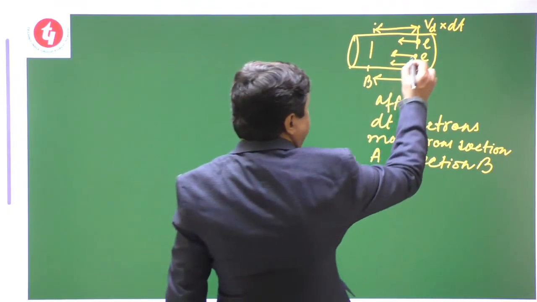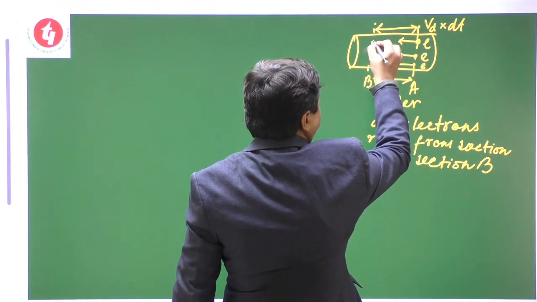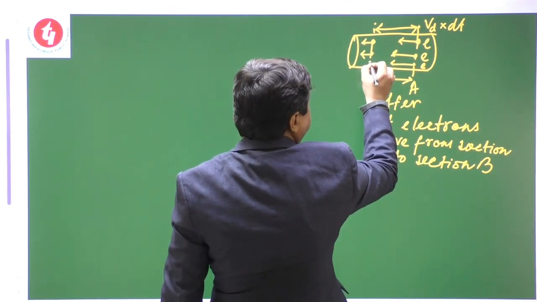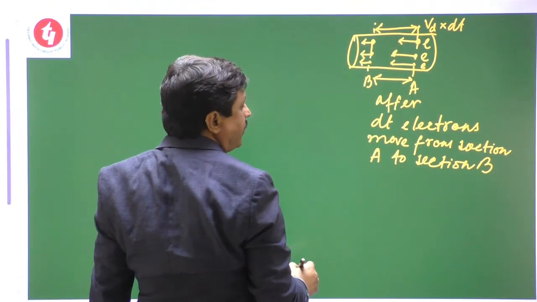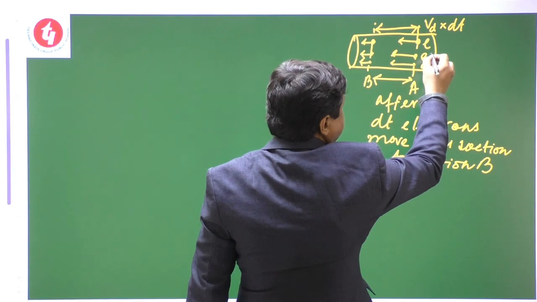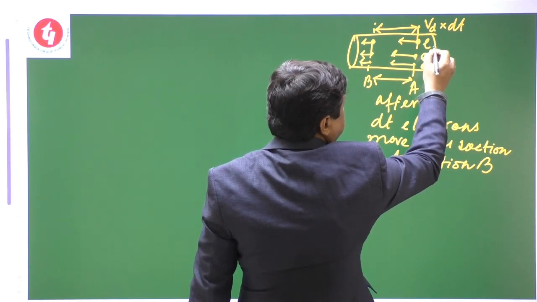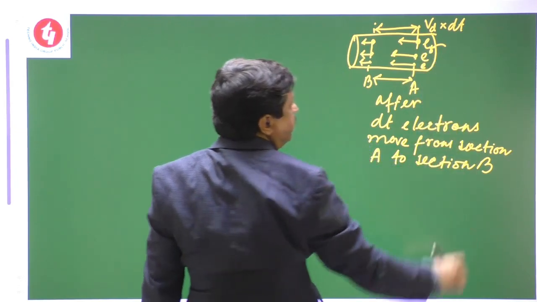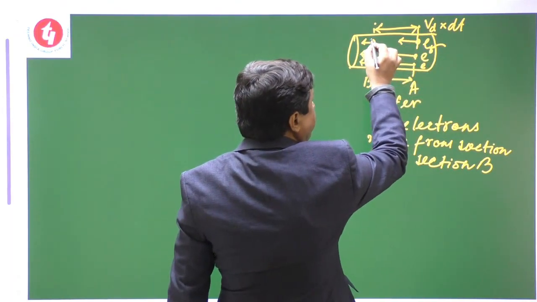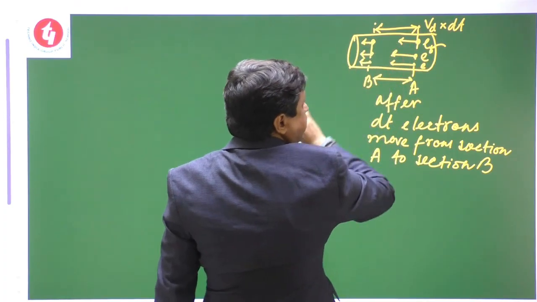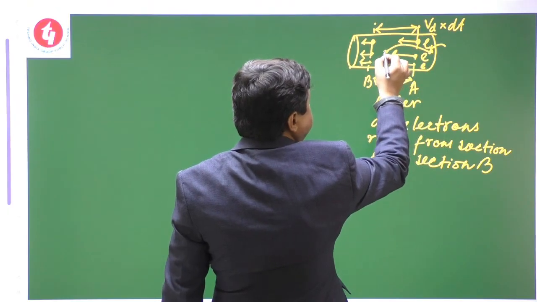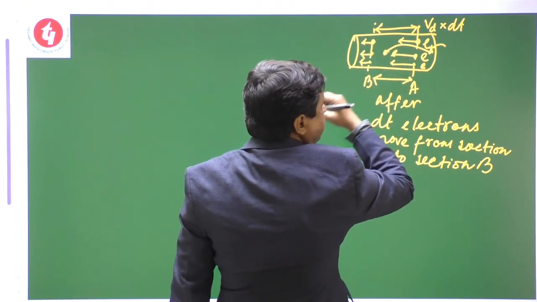And say after dt time, this electron arrives at the B section. Before dt time, say an electron is situated at this point. After dt time, this electron moves from this point to this point, right?